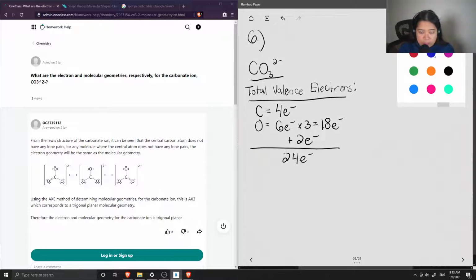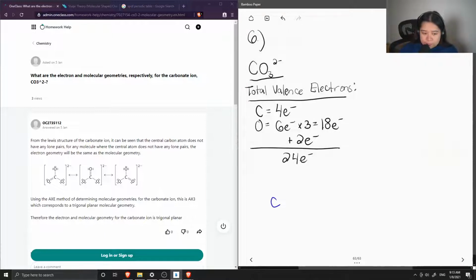Okay, so first I would draw out my carbon as my central atom, and then see what happens if I just have single bonded oxygens all around. And I'll draw out all of my lone pairs. And at this part, I like to count out how many electrons I've drawn so far.